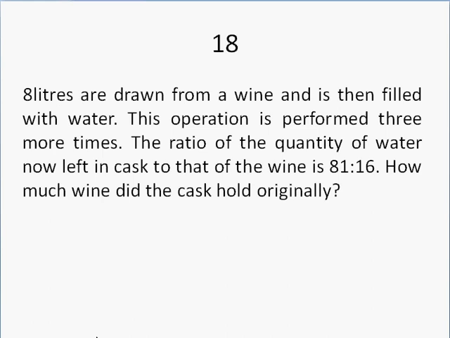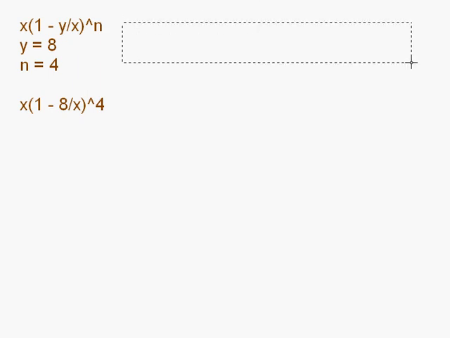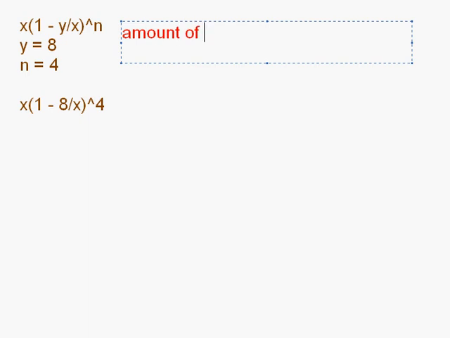Now look more closely. The ratio of the quantity of water now left in the cask to that of the wine is given to be 81:16. Do not get confused here, because this formula gives the amount of wine to water, or the ratio of wine to water.